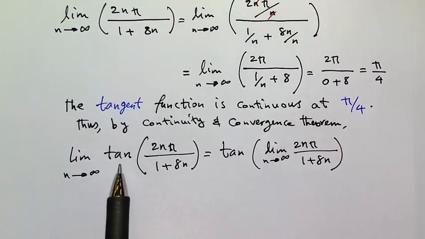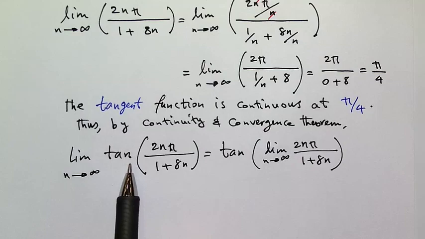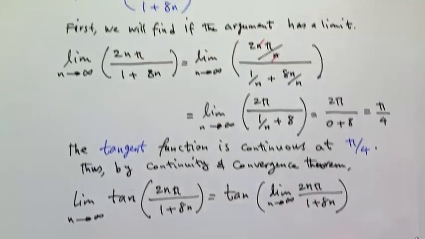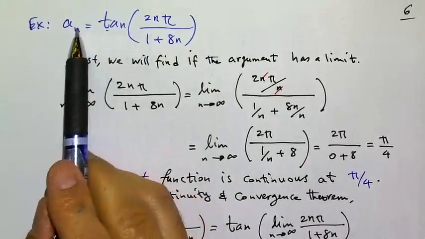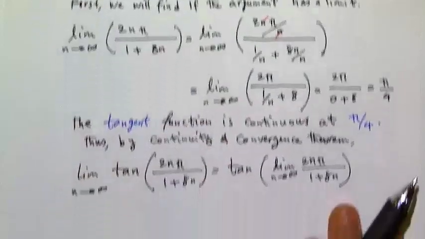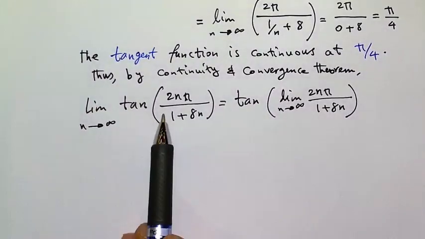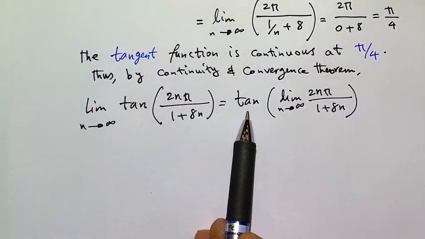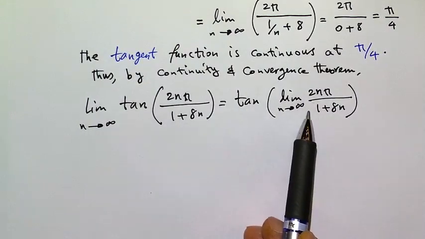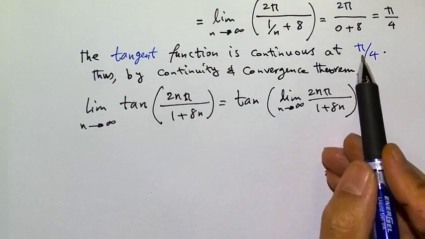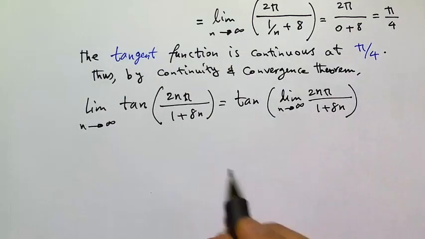Okay, so the limit of our sequence, this whole thing, is equal to the function evaluated at that limit, which was pi over 4.